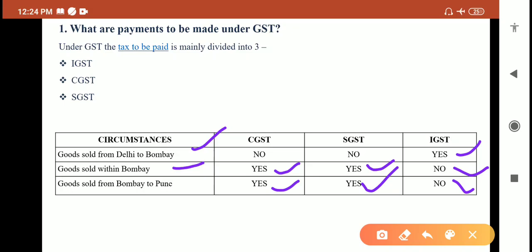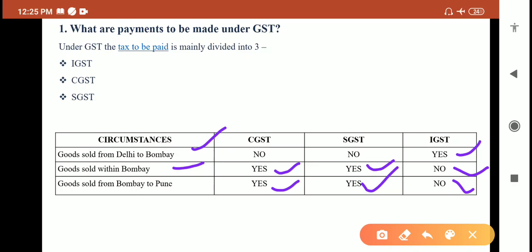The SGST will also be levied on the same intrastate supply, but will be governed by the state government. This implies that both the central and the state governments will agree on combining their levies in an appropriate proportion, and on revenue sharing between the state government and the central government.